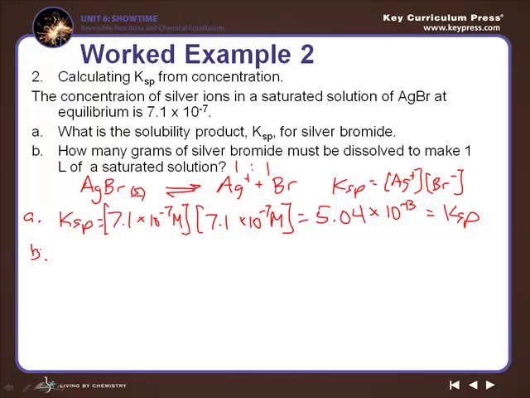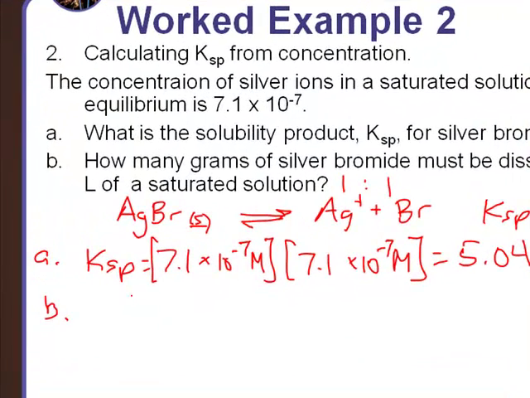In part B, it asks how many grams of silver bromide must be dissolved to make 1 liter of a saturated solution. So for this, we're trying to determine how many grams are needed to make a saturated solution.